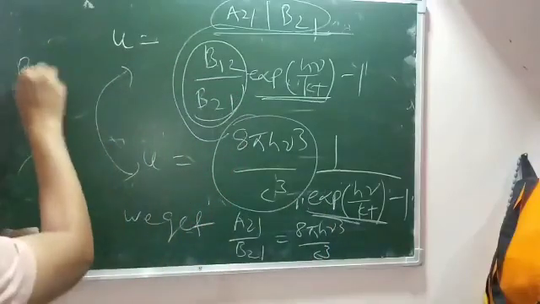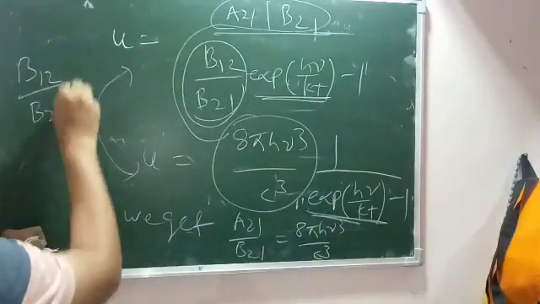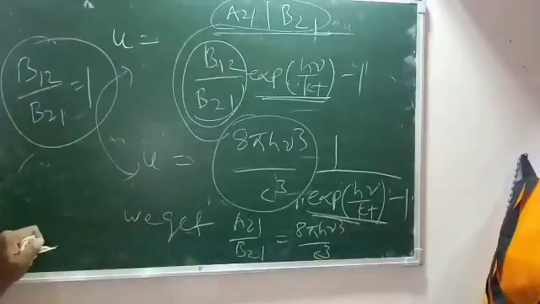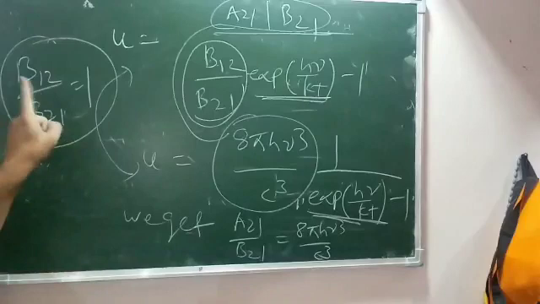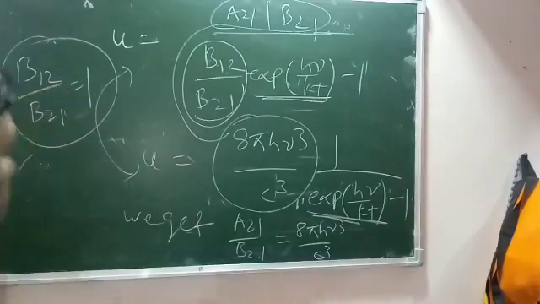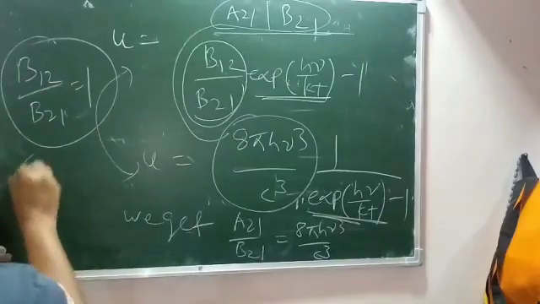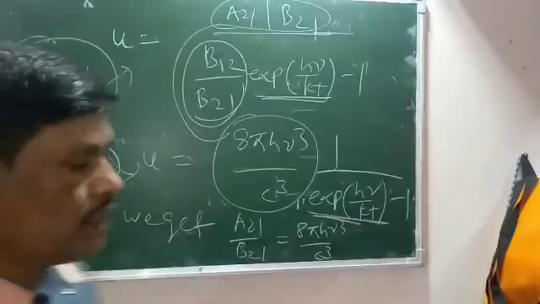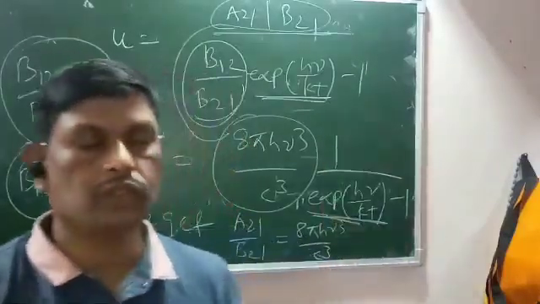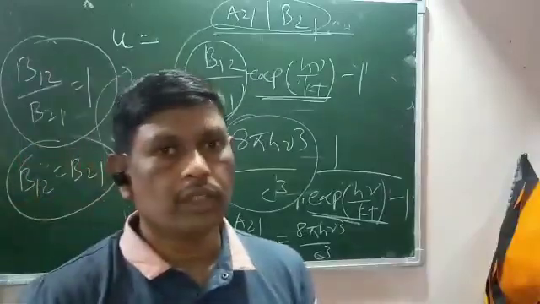So B12 by B21 is equal to 1. This is the important relation. Now we can see that B12 is equal to B21. The Einstein stimulated coefficient should be equal to the Einstein absorption coefficient.